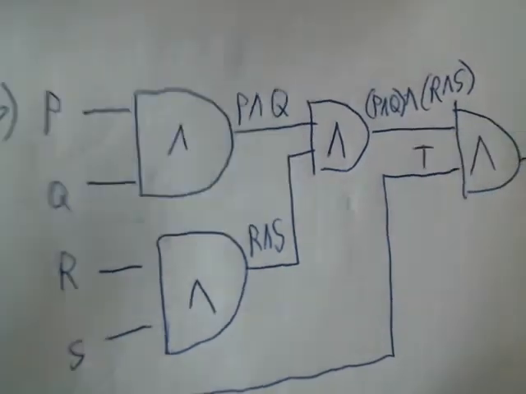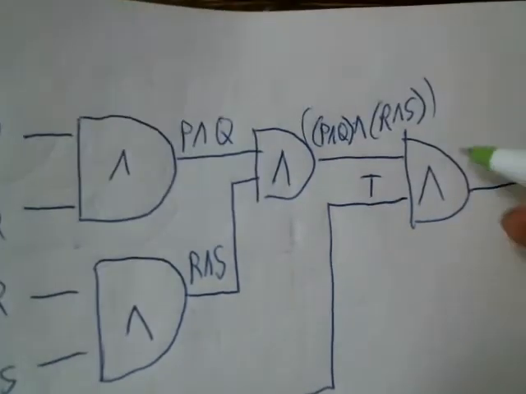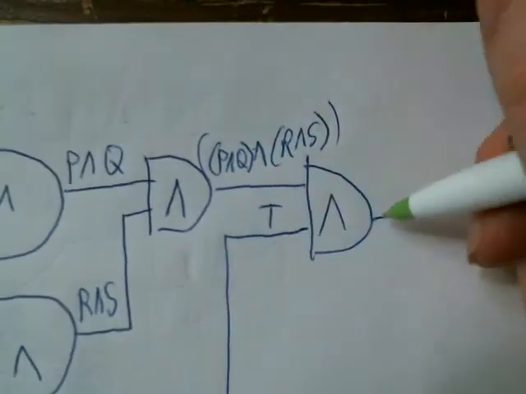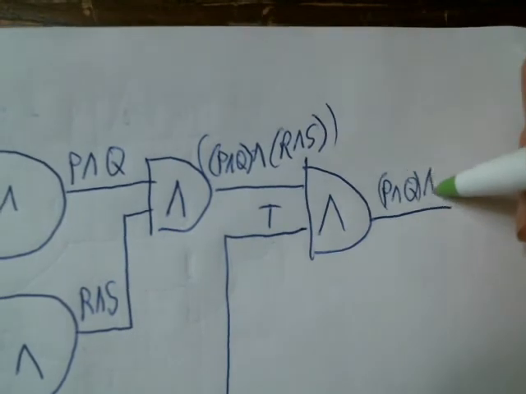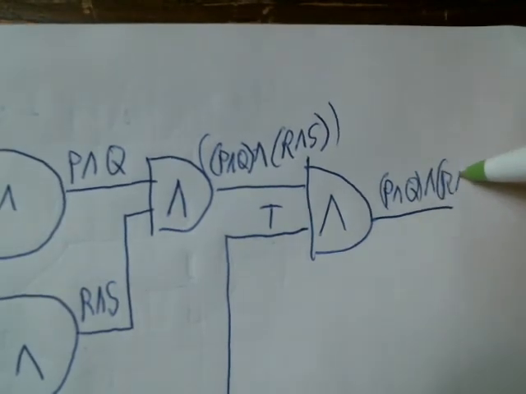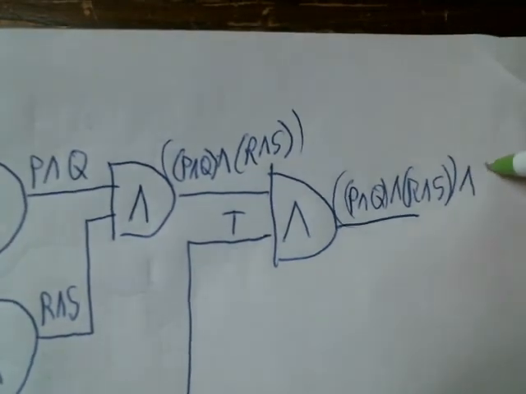So it's all of this in parentheses and this T. So we have P and Q and R and S and T.